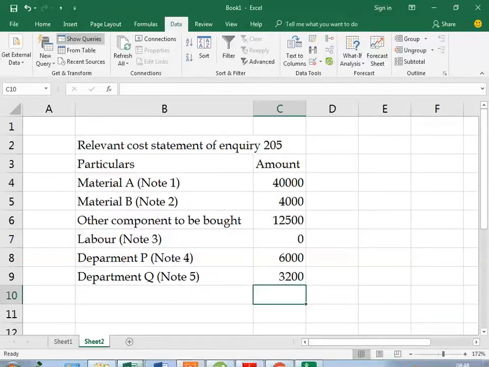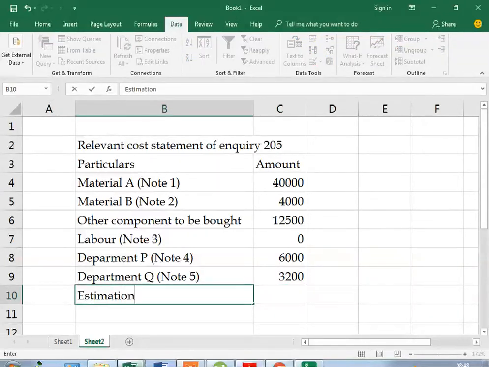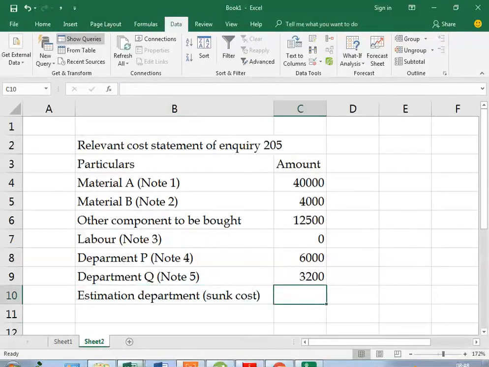That would be illogical because I have already done the quotation, but if they give something of that sort, then it is 50 into 2.5. So as such, estimation department, in bracket sunk cost, 0.